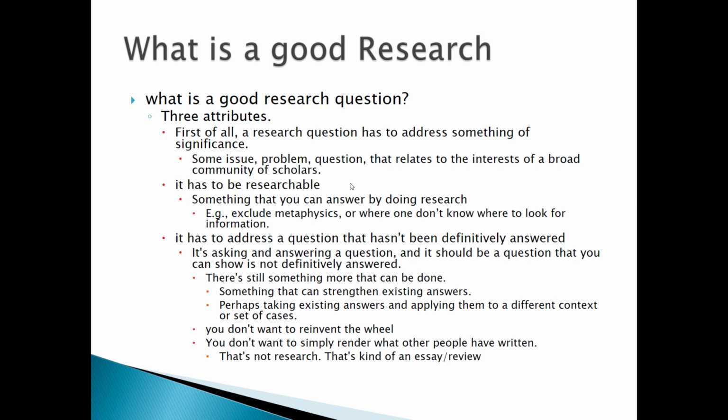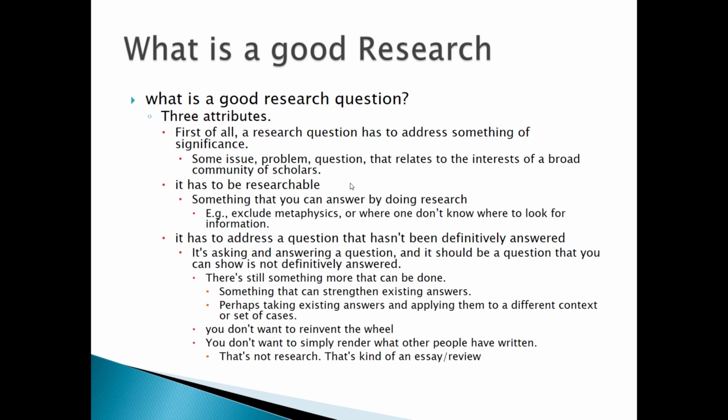Then in those associations or publishers, there are some specific fields, and then there are some specific journals that target specific topics. So first of all, you should get the information regarding what are the best conferences in my area, what are the best magazines in my area, and what are the best journals in my area.